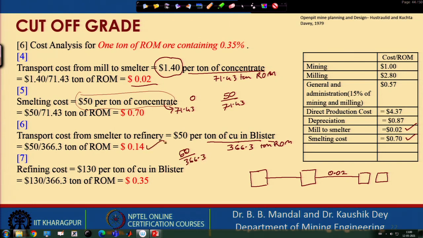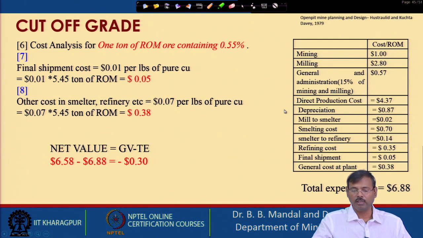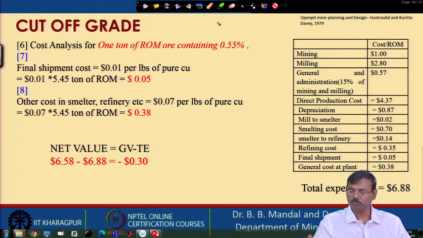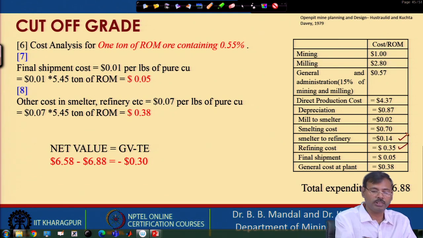So, that is coming to $0.14, and in a similar way refining cost is coming 130 by 366.3. So, that is coming around 0.35. So, we have computed this in the cost table, 0.35 and 0.14.